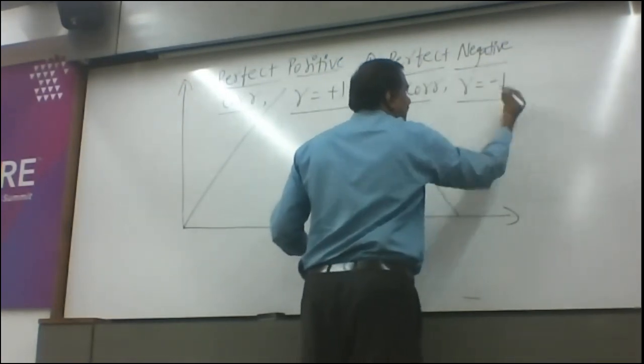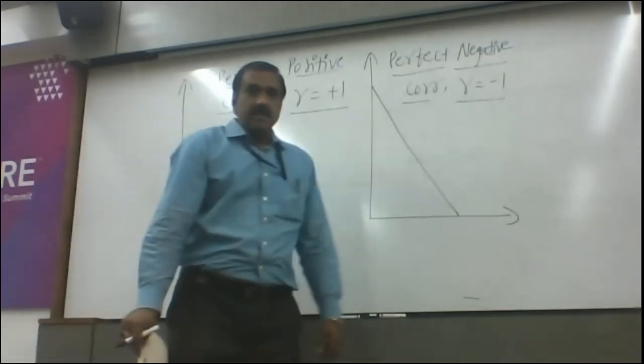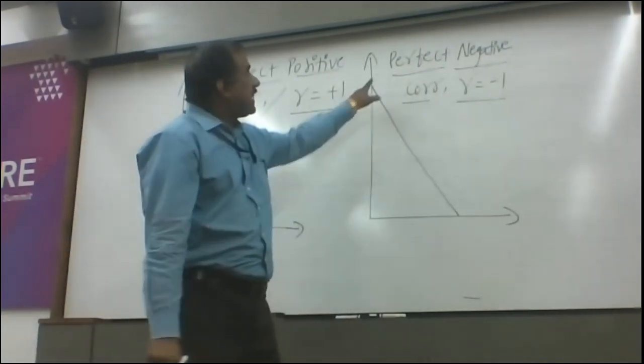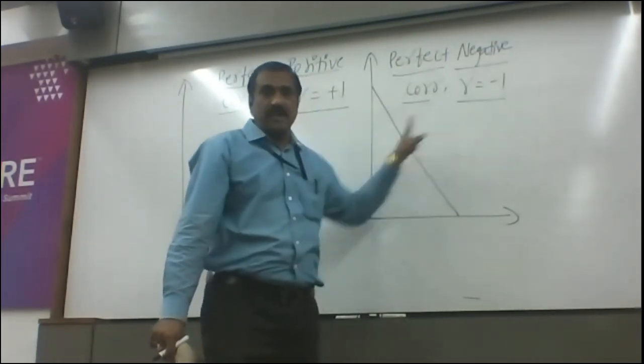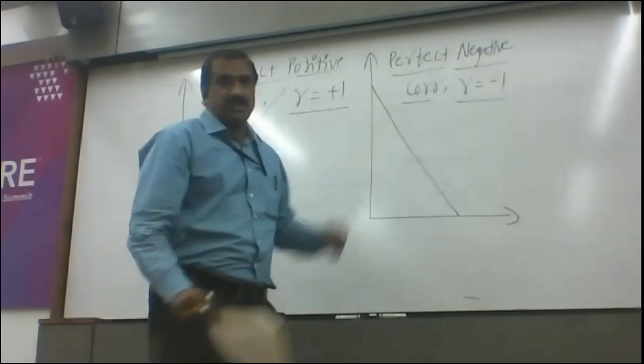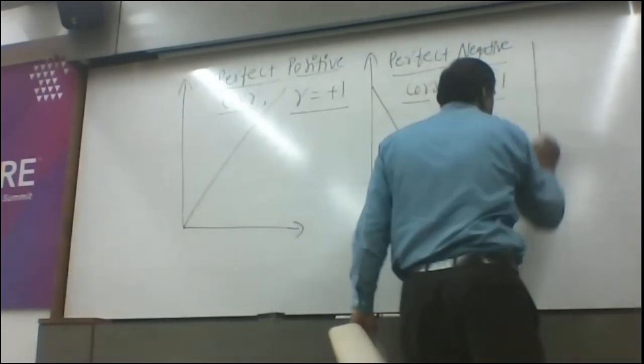R is equal to minus 1. R stands for correlation. For perfect negative correlation, R is equal to minus 1. You will get this shape, quite opposite to the earlier one. Understood?